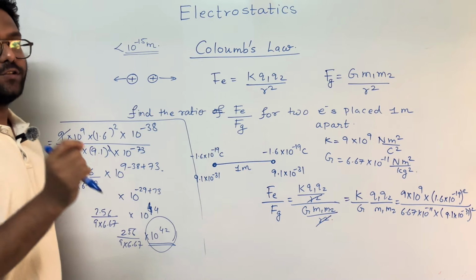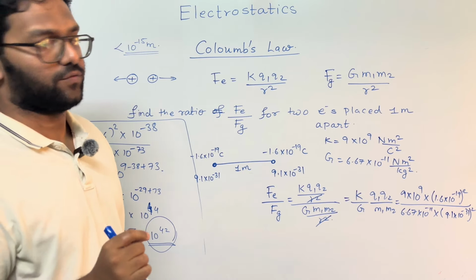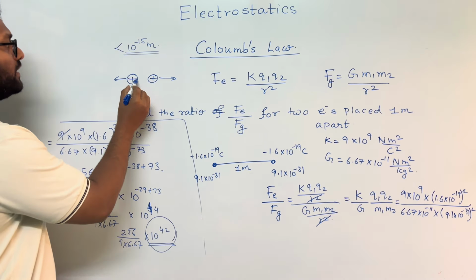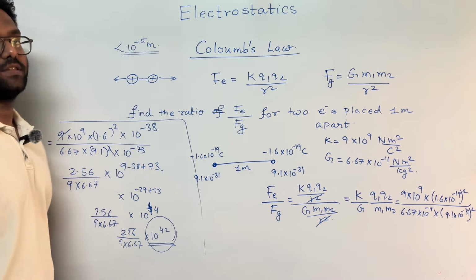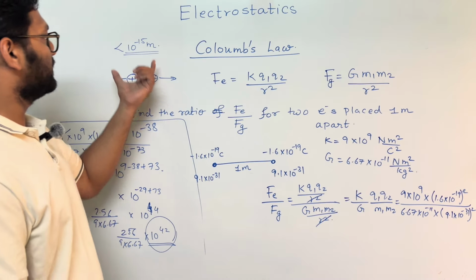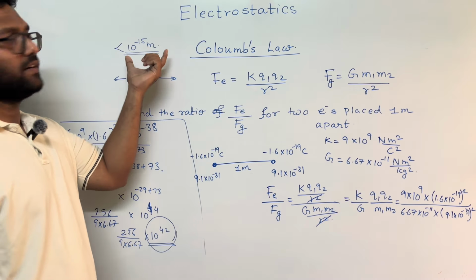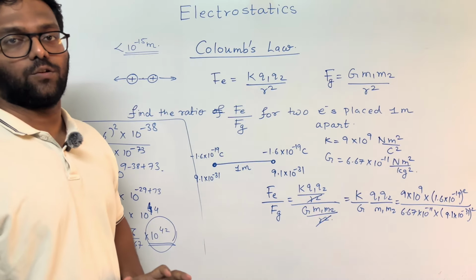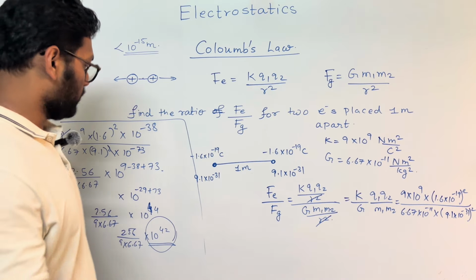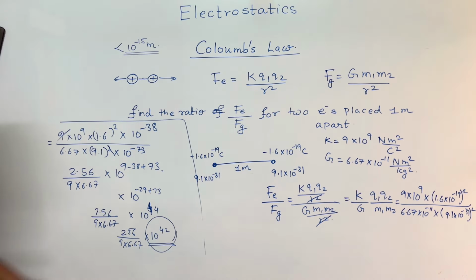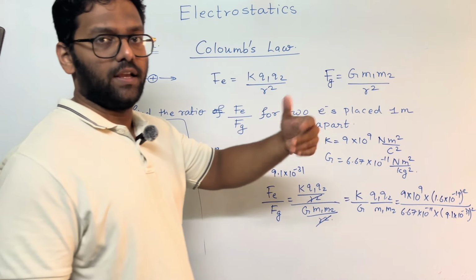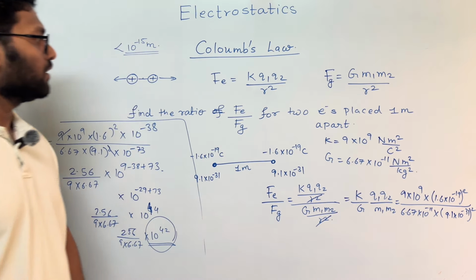There will be a nuclear force, a strong nuclear force, okay? So that's why in the nucleus, these two will be attracted to each other. In more than this distance, Coulomb's law will take over and they will move away. We will see the limitations of Coulomb's law after these things, okay?